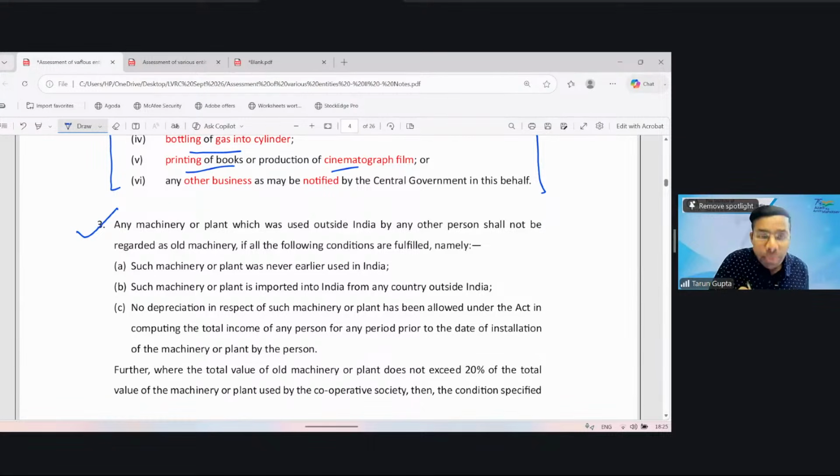Any plant and machinery which was used outside India by any person other than the assessee shall not be regarded as old machinery if such machinery was never earlier used in India, such machinery is imported into India from any country outside India, and lastly, no depreciation in respect of such plant or machinery has been allowed under the Income Tax Act 1961 in computing total income of any person for any period prior to the date of installation by the assessee. So if your machinery is imported, even though old, no issue.